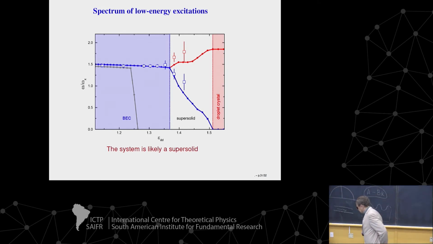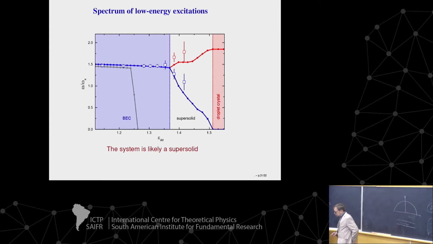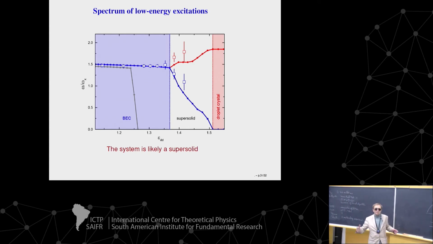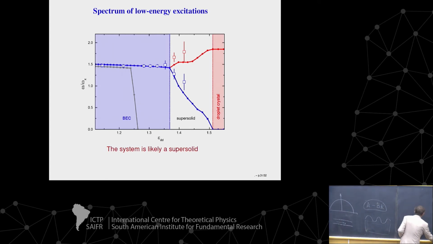Yes, this is true. You know, the thing is that usually when you have a uniform superfluid, yes, you have, let me find my chalk, the total density is the superfluid density plus the normal density, yes.